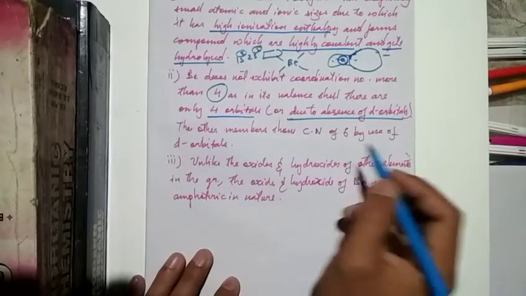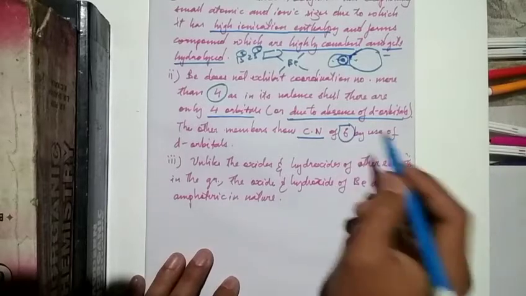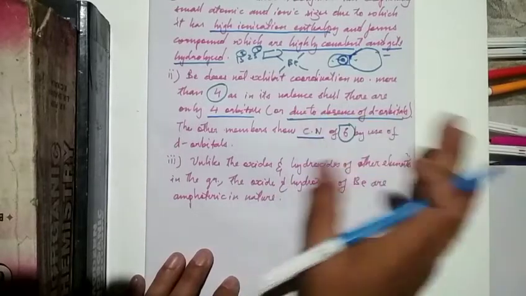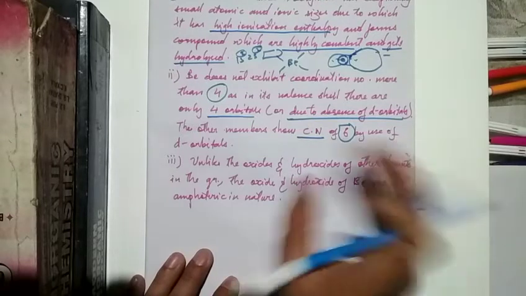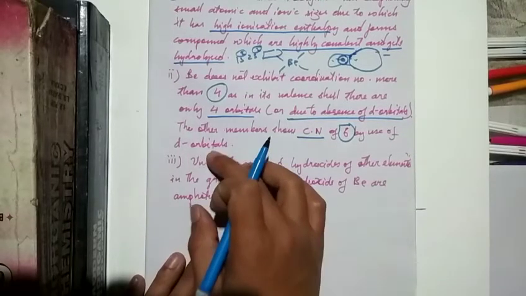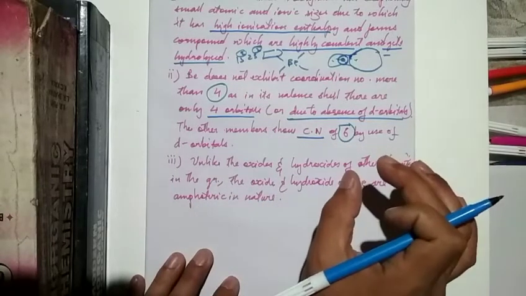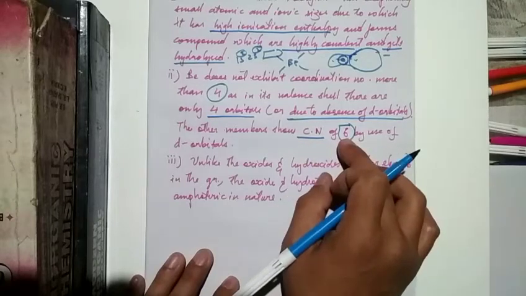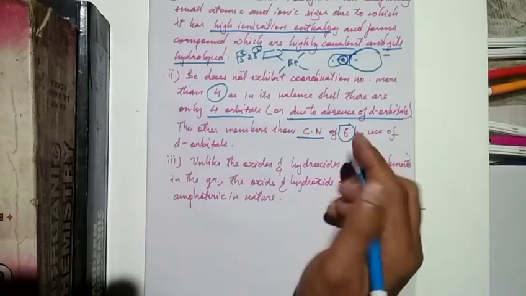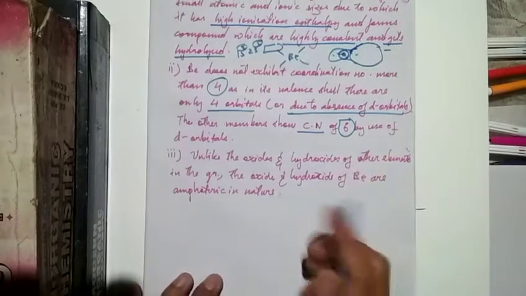Now other members have coordination number up to 6, as I've written in short form. Since they are bigger in size, they have d orbitals, and since they have d orbitals, their coordination number will increase, and because of that they can show up to 6 coordination or 6 bonds.